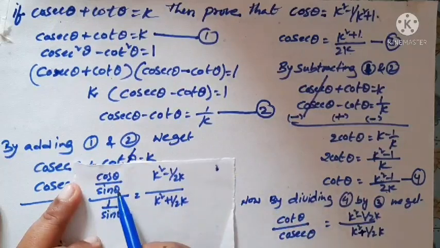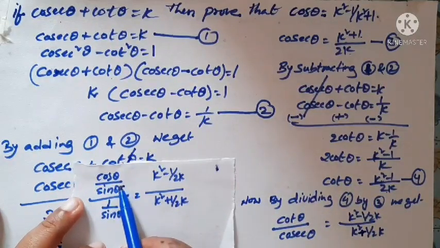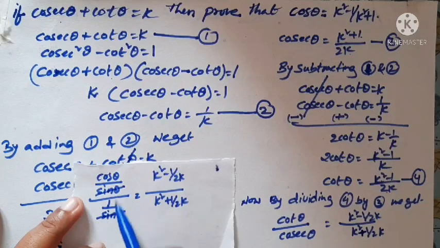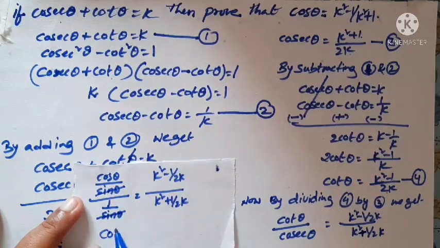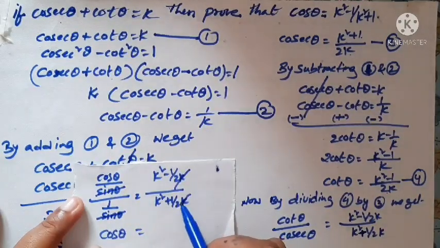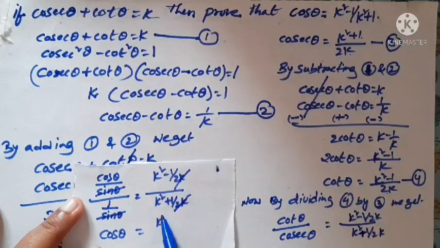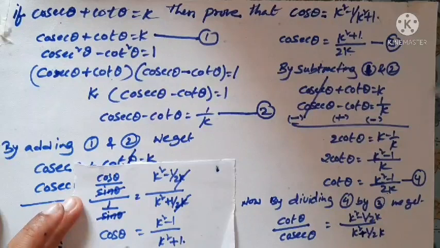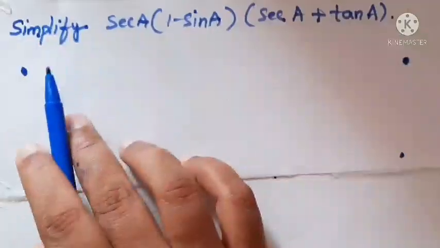Here sin theta gets cancelled in the denominator places. Now you get cos theta. Here 2k gets cancelled. Now you get k square minus 1 by k square plus 1. So here you get cos theta is equal to k square minus 1 by k square plus 1.